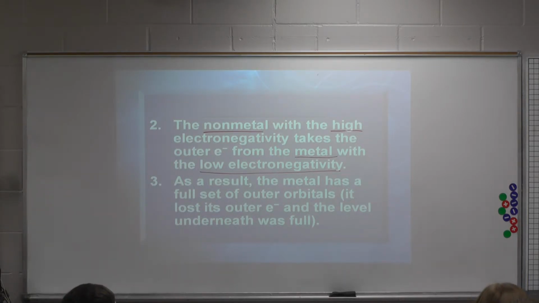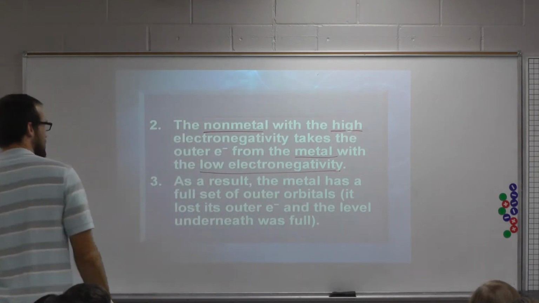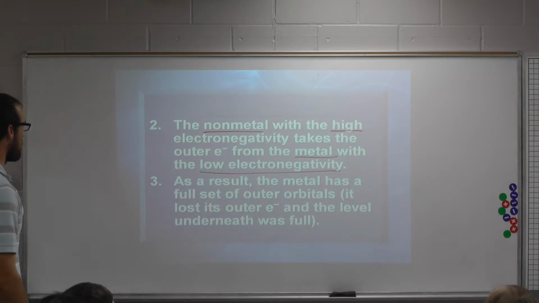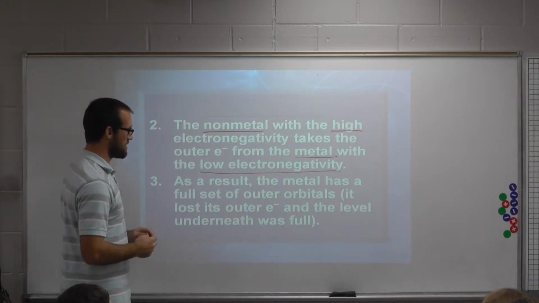Seven. So is it close to getting an octet or not? Yes, it only needs one, versus if it were to lose, it would have to lose how many? Seven. So it's going to want those electrons, so most of the time it will take them if it's bonded with a metal. As a result, the metal will lose its electron.